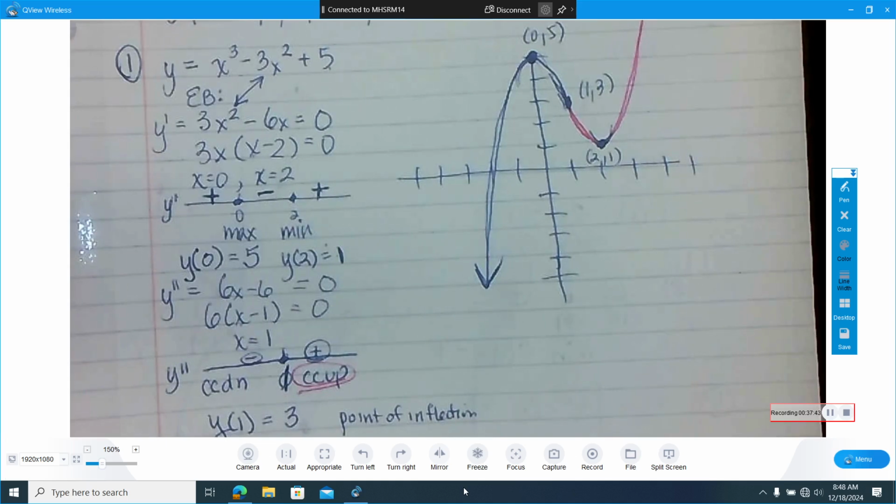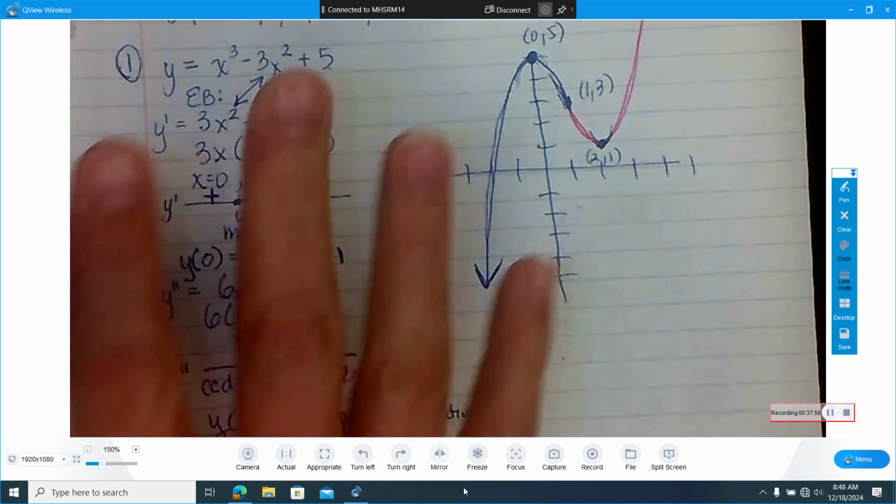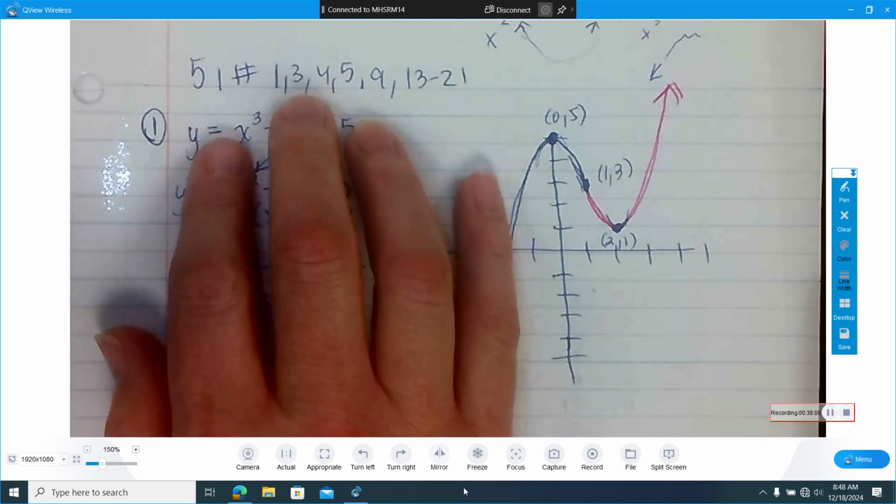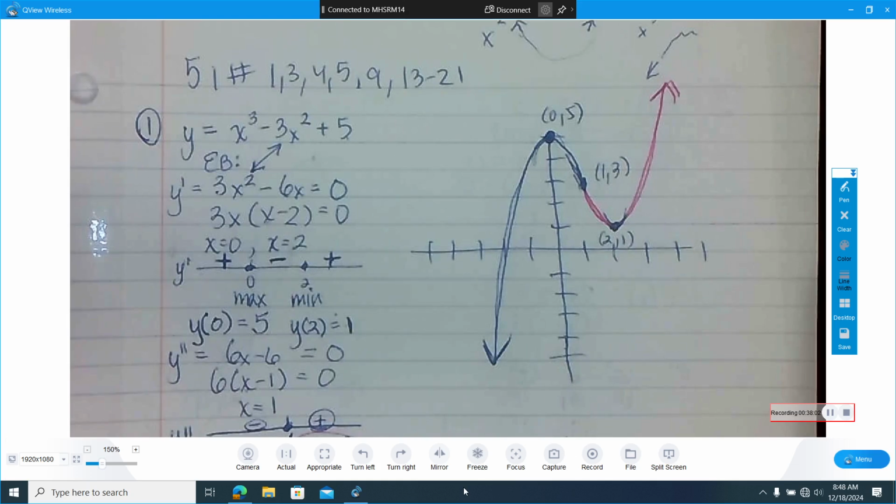I think on the rest of these, 13 through 21, give them a try. I was hoping to get through them, but maybe we'll finish this tomorrow instead of talking more. Okay. Right here, there you go. 13 through 21.